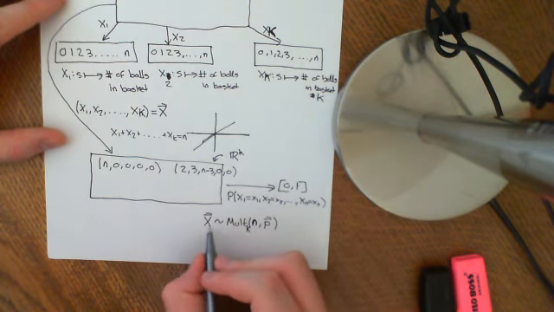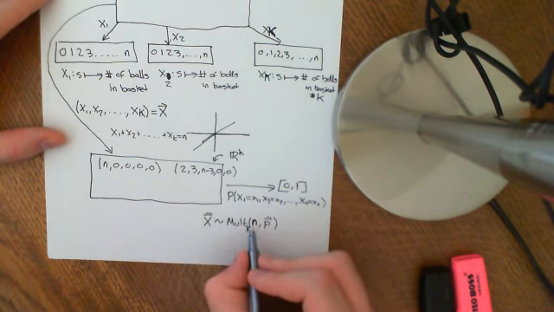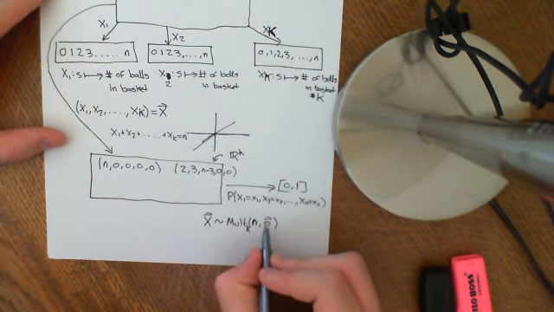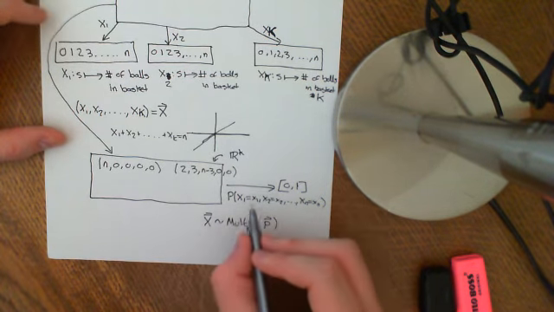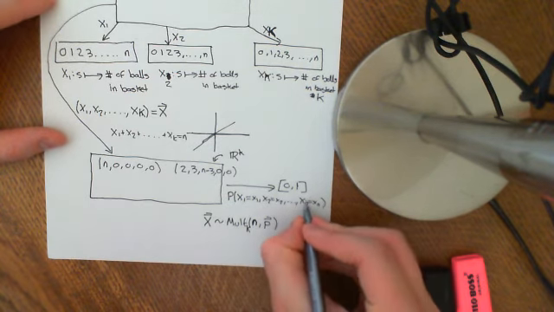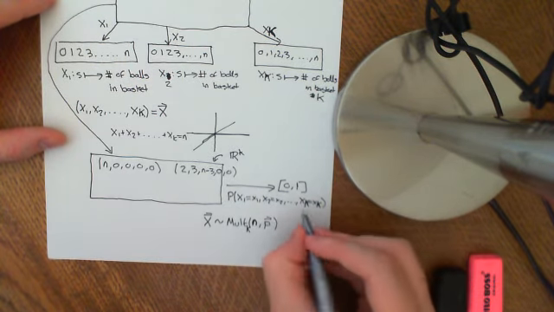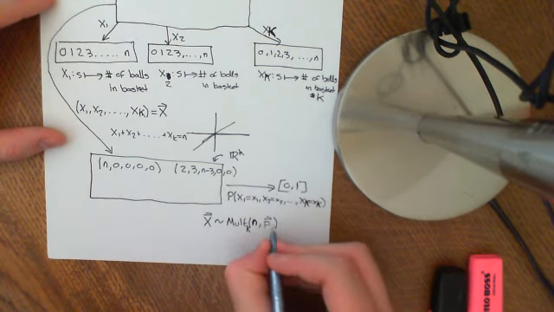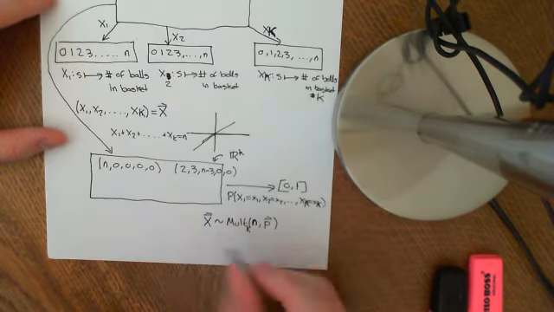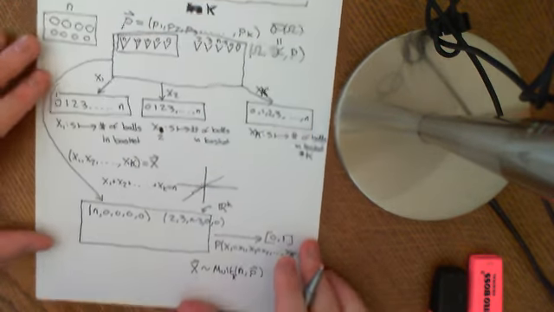It says X is multinomially distributed, it's a k-dimensional vector, the number of trials is n, and the probability of each of the outcomes, i.e. x1, x2, x3, all the way up to xk, that should have been xk, not xn, I'm sorry about that, all of those are given by the probability vector, which we discussed up here, which is the probability that you go into each one of the baskets.